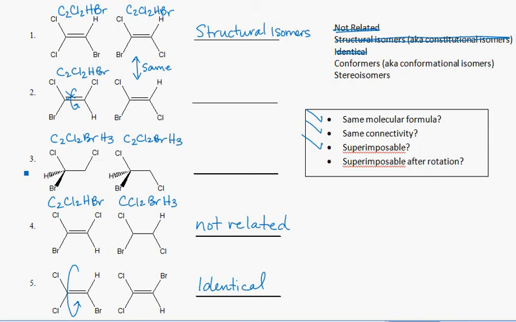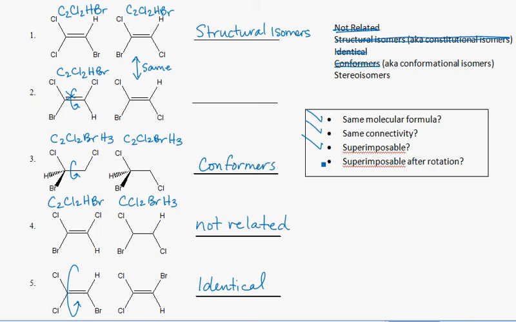If we look at pair number 3, if we rotate around the carbon-carbon bond so that the chlorine moves so that it is down, we do get the same molecule. So choice number 3 is our pair of conformers.